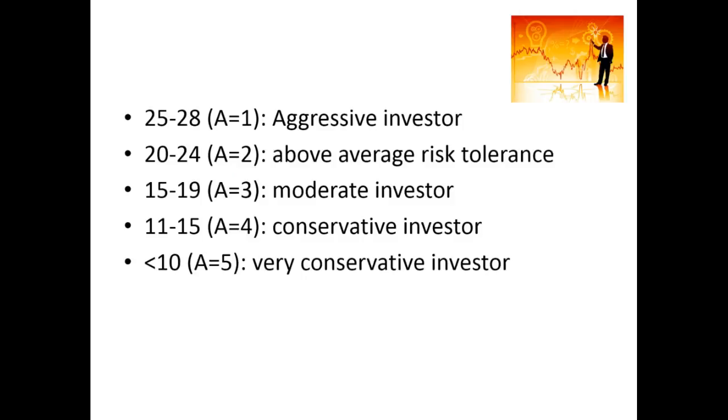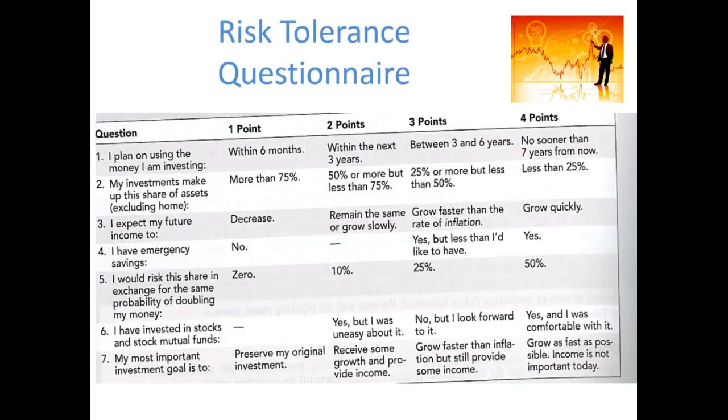Scoring very highly means you've got a very low A, so you're an aggressive investor with a low degree of risk aversion. A low score means you're very conservative, because it means you've got a short investment horizon, you expect your future income to decrease, you've got no emergency savings, and so forth.